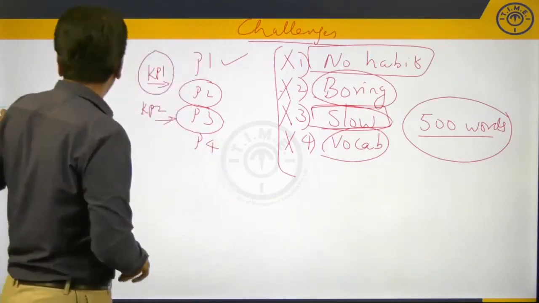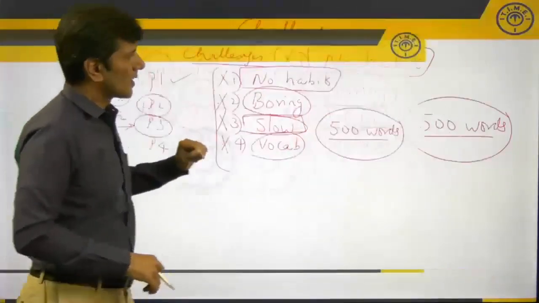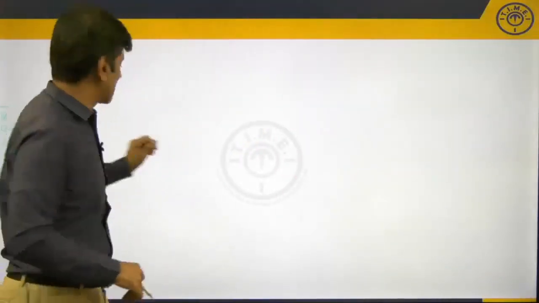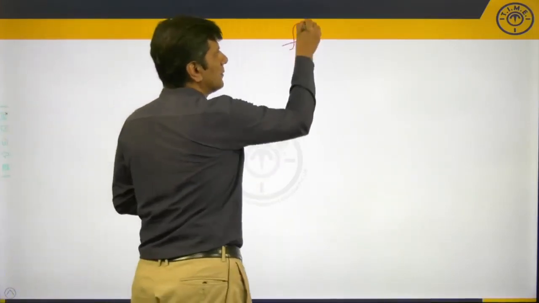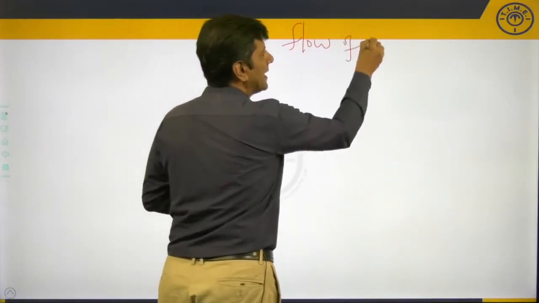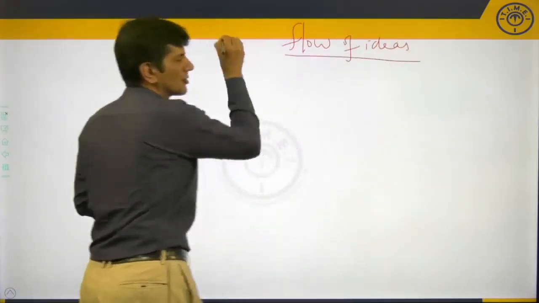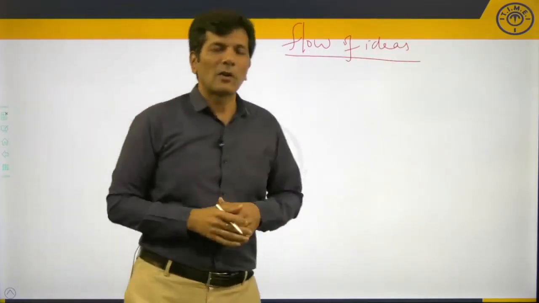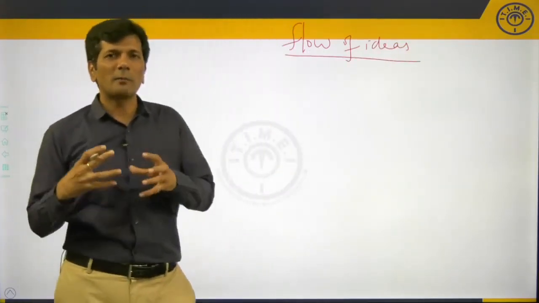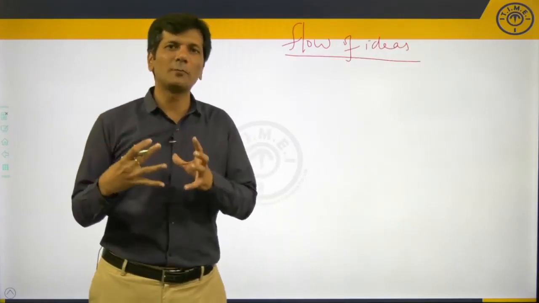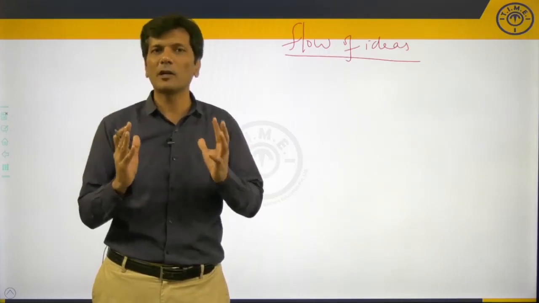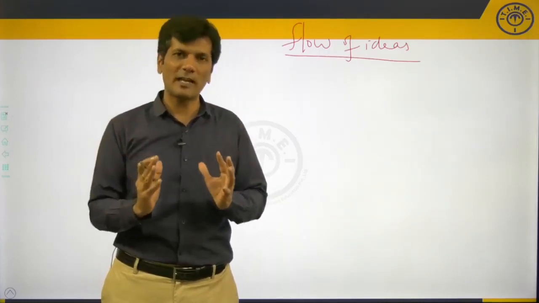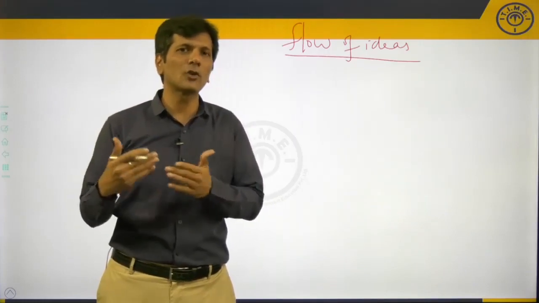Now, what we'll do now is spend some time on understanding a couple more things. To start with, how do you understand the flow of ideas in a reading comprehension passage? Remember that reading comprehension passages don't necessarily have to be designed or have a particular organization per se that you may have learnt in your school days.